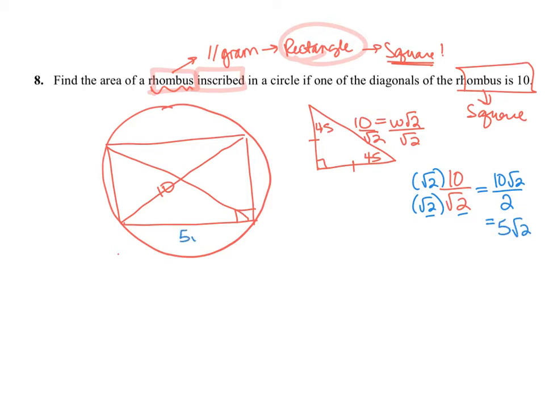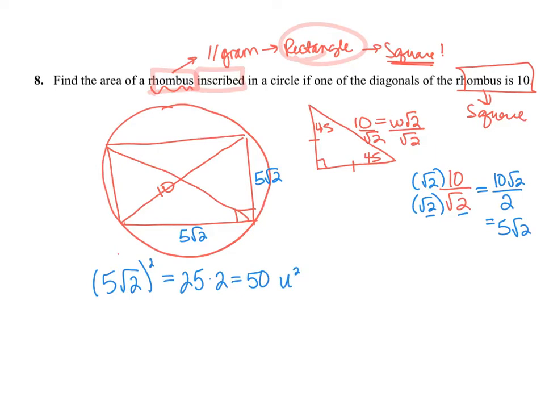So each of the sides of the square is 5 root 2. Area of a square is the side squared. So when we have 5 root 2 squared, really that means 5 squared times root 2 squared. So we have 25 times 2, so we have 50 units squared. That's one way to do this.